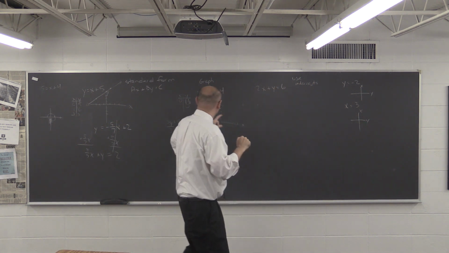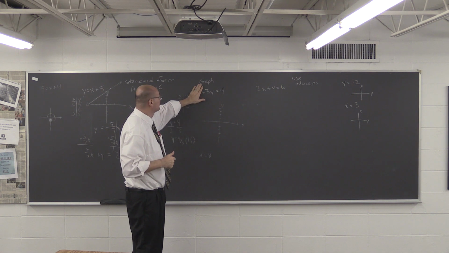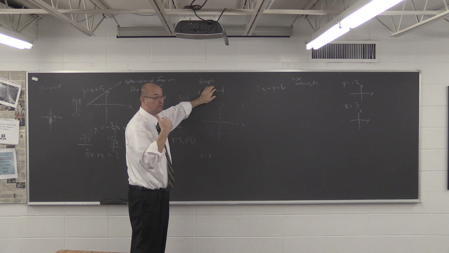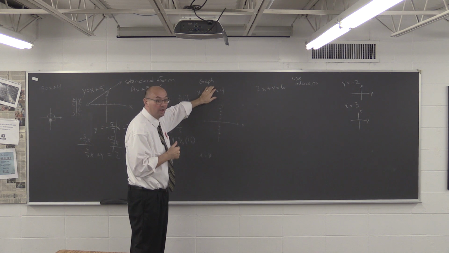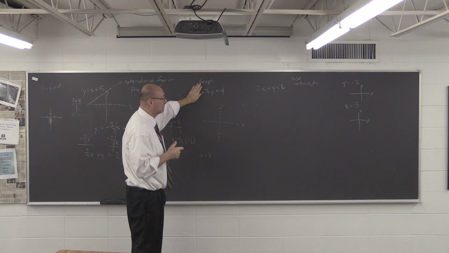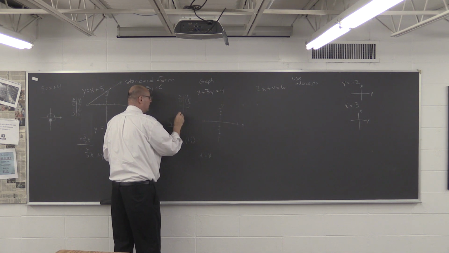The 0 on the X got rid of that, and we just solved for Y. The 0 on the Y got rid of that, and we solved for X. We didn't even have to think. Every time it's like that, and you won't have to think. The less thinking the better. So 0, gone. 0, gone. So X equals 4.